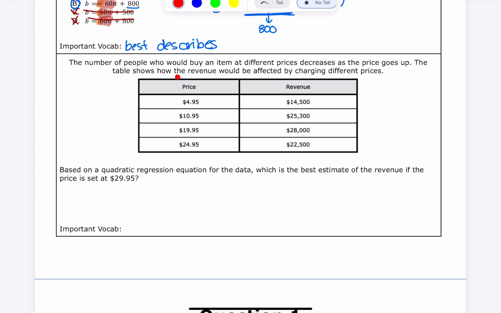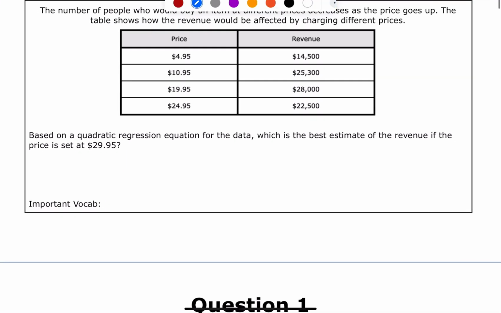The table shows how the revenue would be affected by charging different prices. Based on a quadratic regression equation for the data, which is the best estimate of the revenue if the price is set at $29.95? So here it's super important that we note that it says quadratic regression, quadratic.